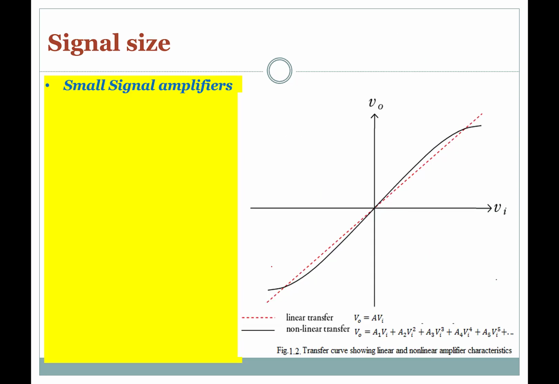Another way of classifying amplifiers would be through their signal size. In this case, amplifiers could be classified in terms of what? Small signal amplifiers, or they could also be classified as large signal amplifiers.